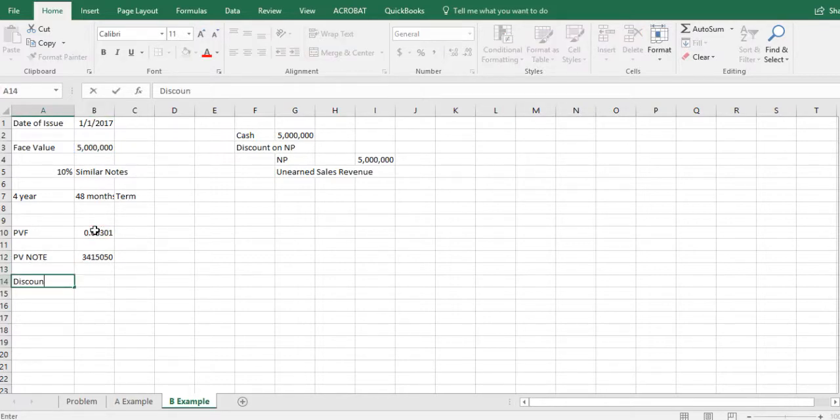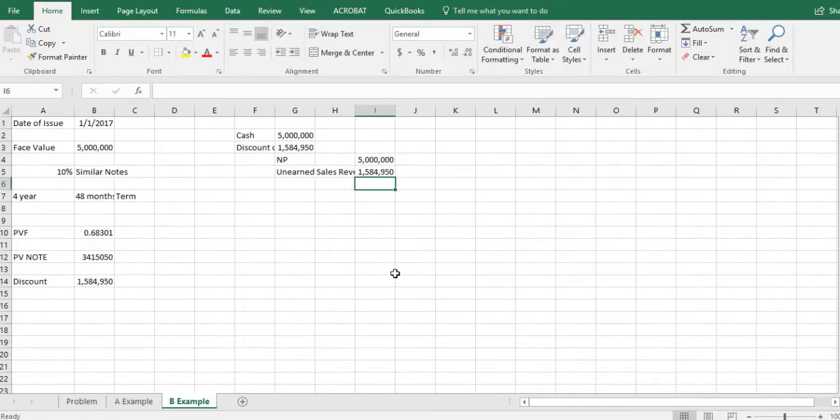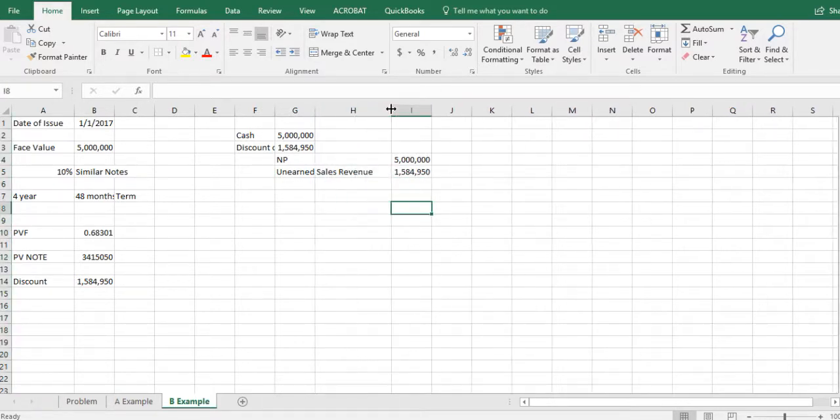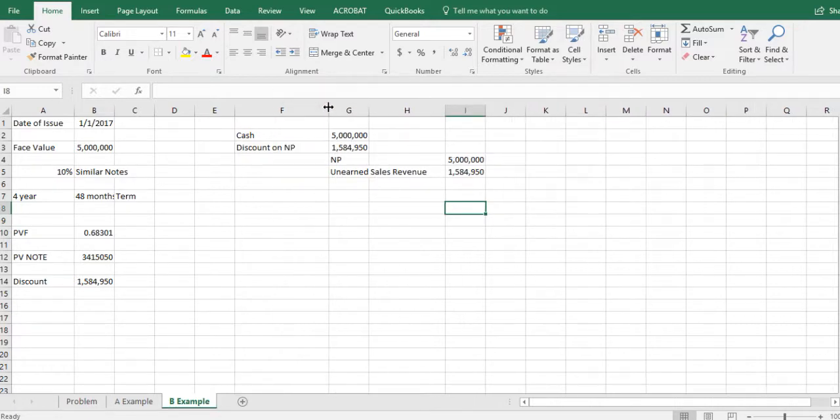This means our discount is face value less present value, or $1,584,950. That means our unearned sales revenue is also that same amount, because that is what we are giving up. That is our cost of borrowing. That is what we are looking for, is what the cost of this borrowing is going to be.